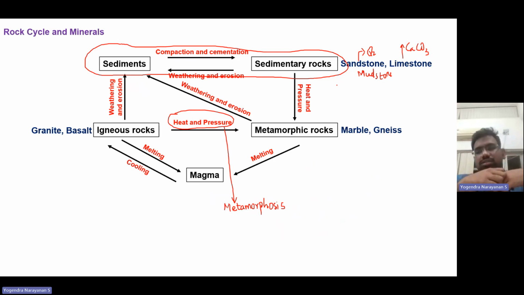Metamorphic rocks are marble and gneiss. Marble is a common flooring material, and gneiss is used for many other purposes.